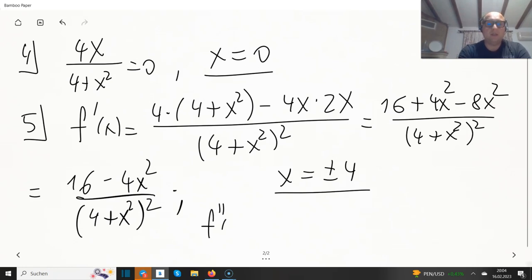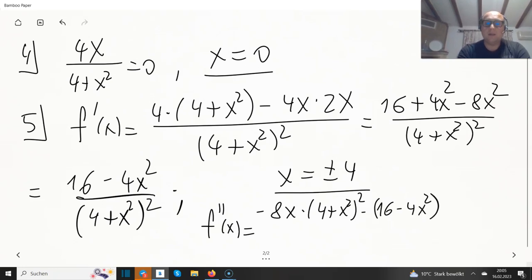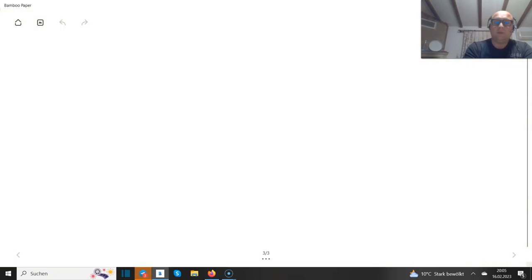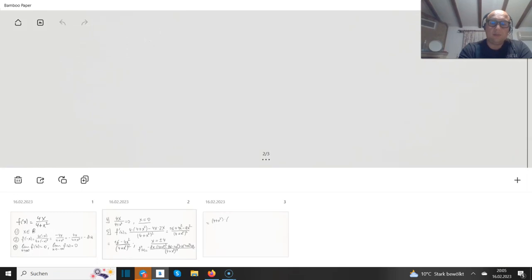Second derivative. Let's quickly do this one. We have minus 8x times 4 plus x squared, squared, minus 16 minus 4x squared times 2 times 4 plus x squared times 2x, divided over 4 plus x squared to the power of 4. All right. Can we simplify something? I think we can. Take 4 plus x squared outside of the parentheses in the numerator.